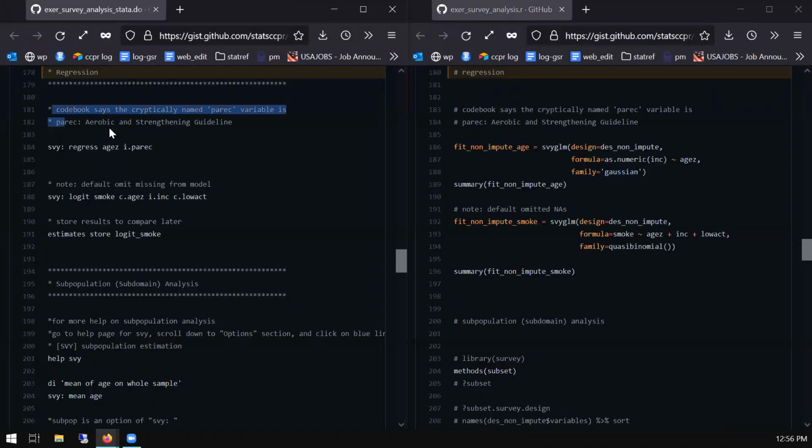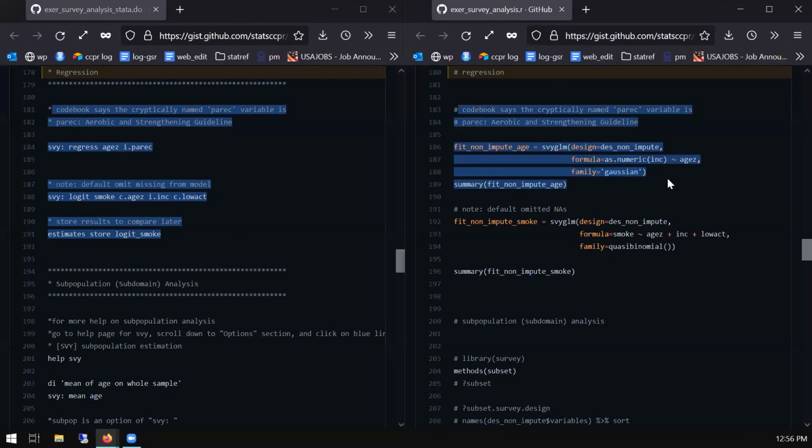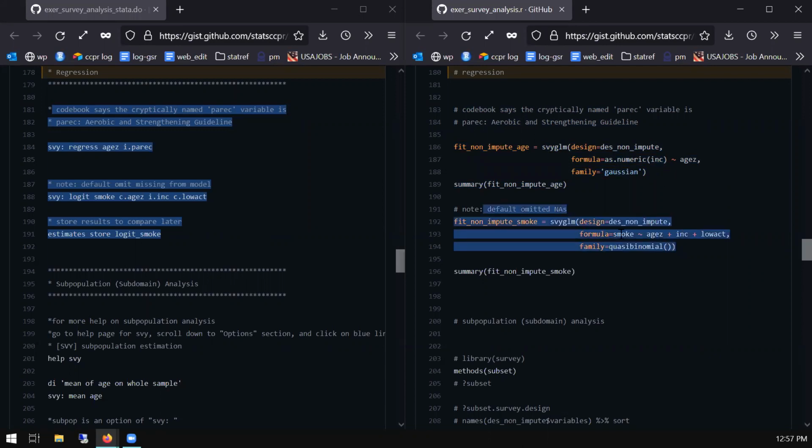On the left is Stata, on the right is R. So in this situation, in R, I went with that simpler route where I just fit a GLM with fixed effects. The outcome is if you smoke or not.